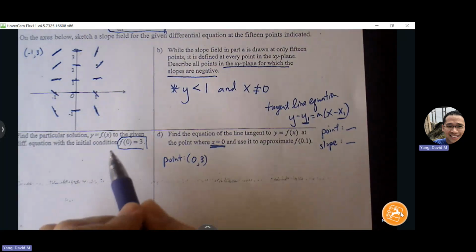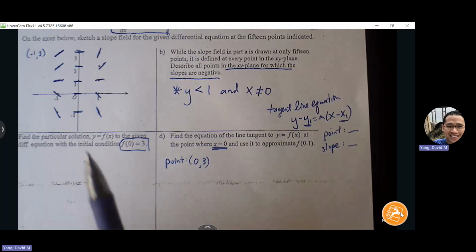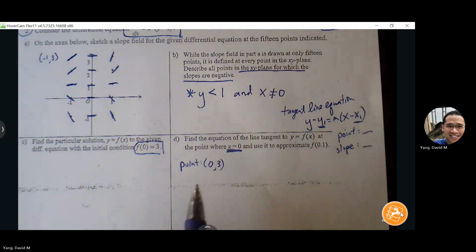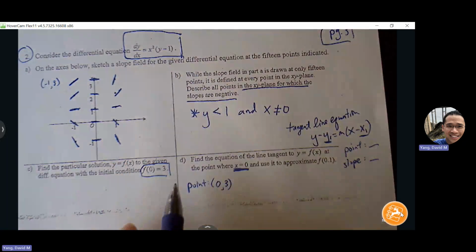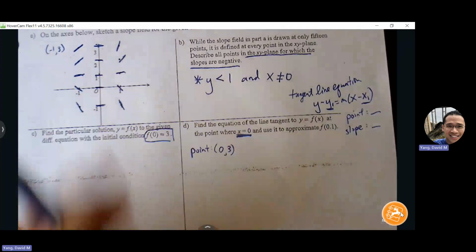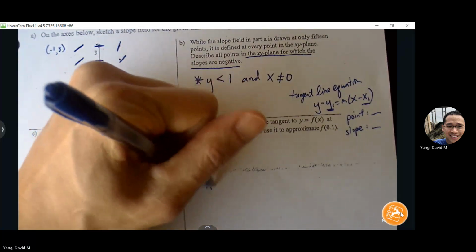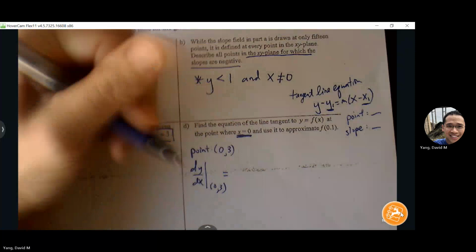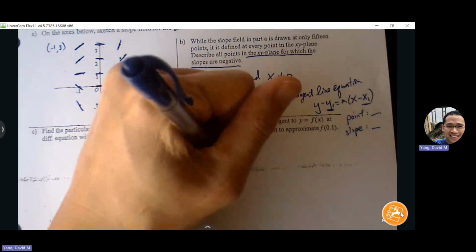So I have my ordered pair that's given to us, 0, 3. How can I find my slope? Yeah, plug into which equation? Yeah, dy/dx. That's our slope formula, right? So 0 in for x, 3 in for y. What does our slope end up being? 0. Yeah.